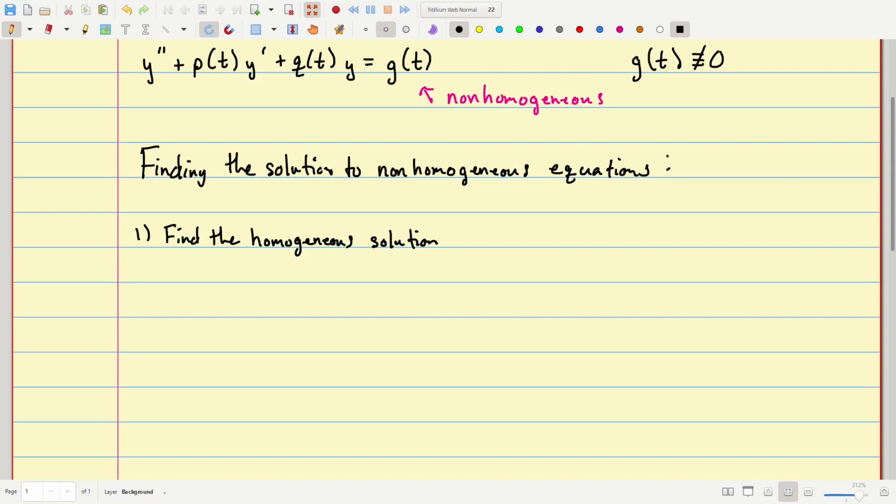The first thing that we're always going to do is find the homogeneous solution.